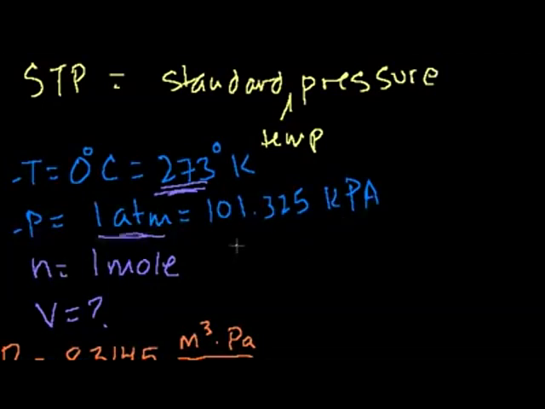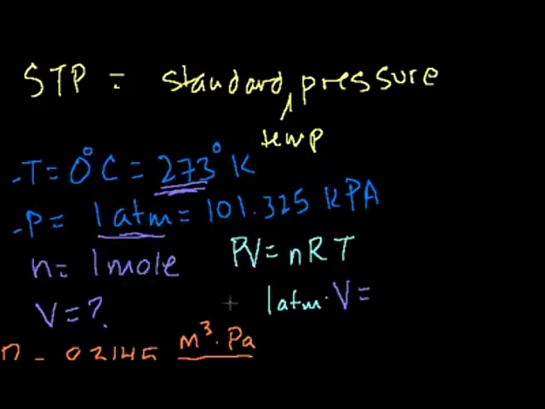So let's apply PV is equal to nRT. Pressure is 1 atmosphere, times volume, which is what we're solving for, is equal to 1 mole of the gas, times R, times temperature, 273.